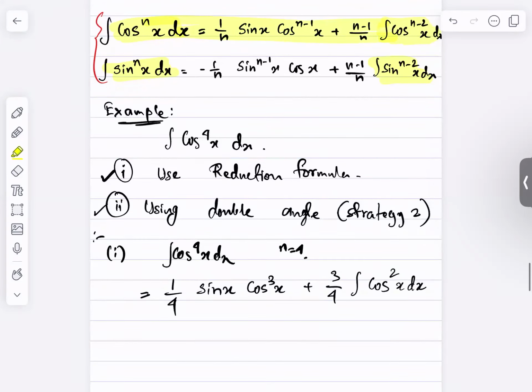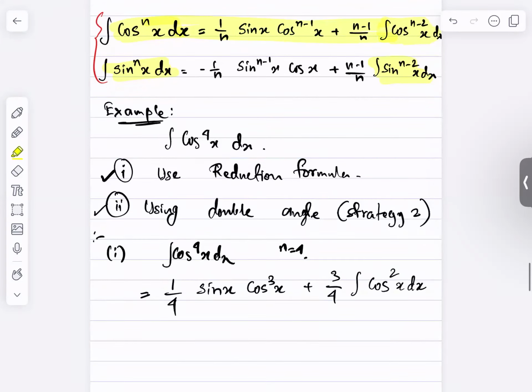So this will be 1 over 2 sine x cosine to the 2 minus 1, so cosine x, and then plus n minus 1 over n, so 1 over 2 integration cosine 2 minus 2 x dx.